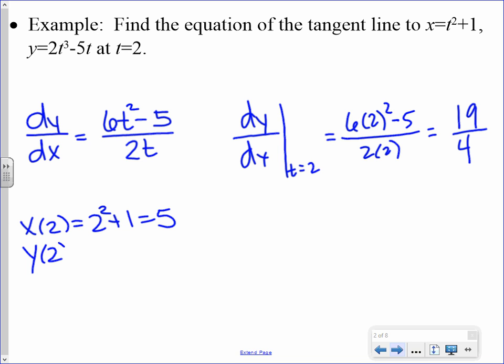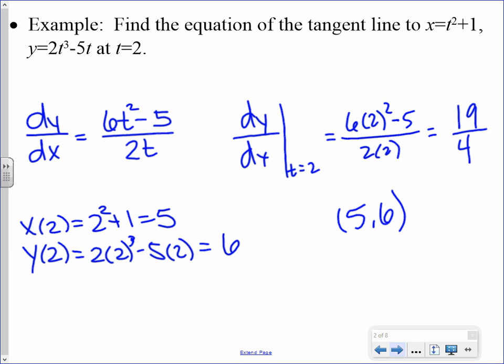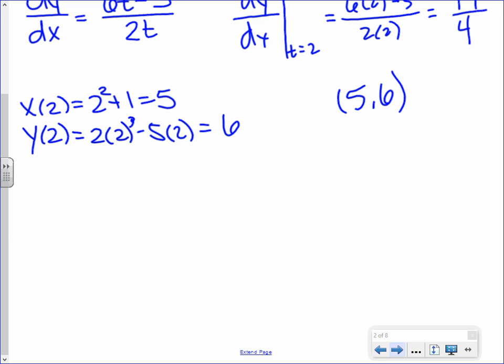And y evaluated at 2 would be 2 times 2 cubed plus 5 minus something. So our coordinate is (5, 6). So the equation of our tangent line would be y minus 6 equals 19/4 times x minus 5.